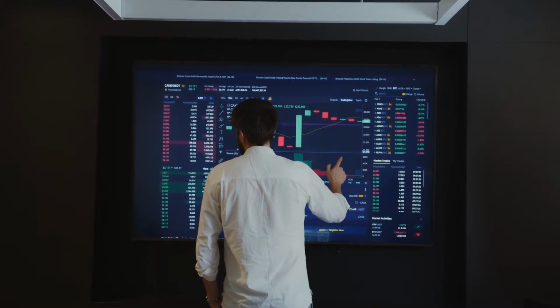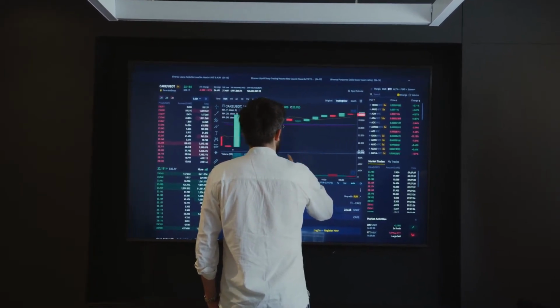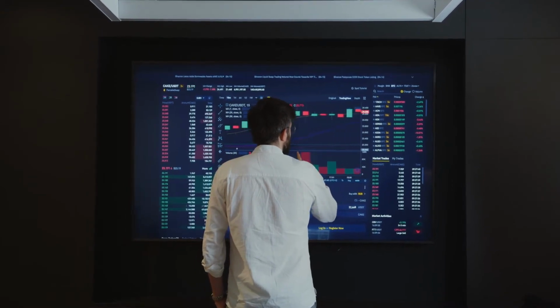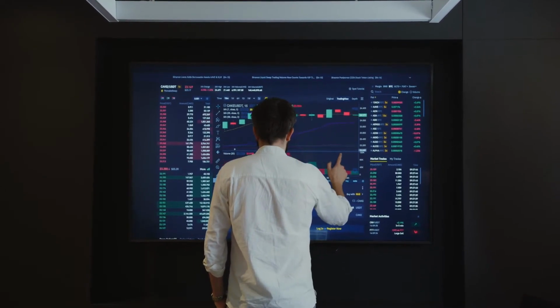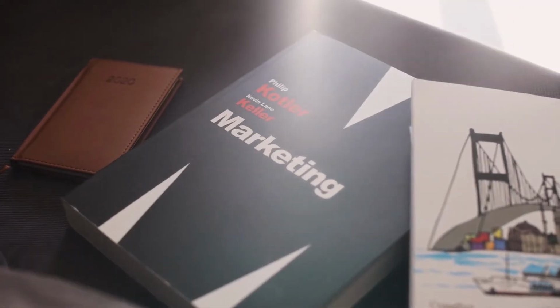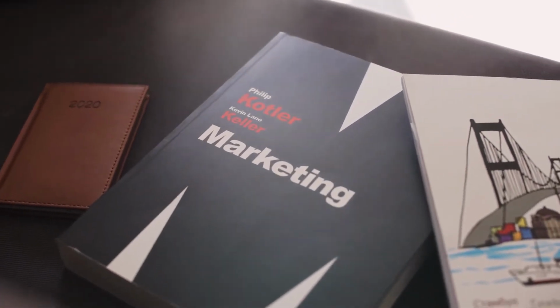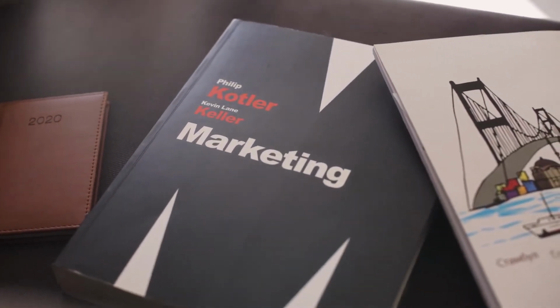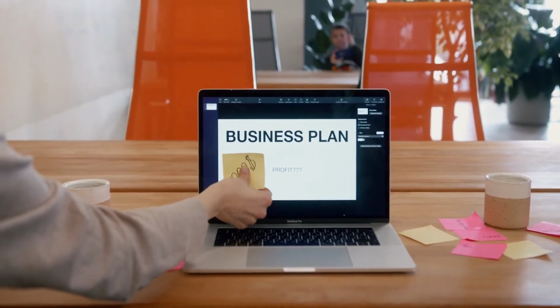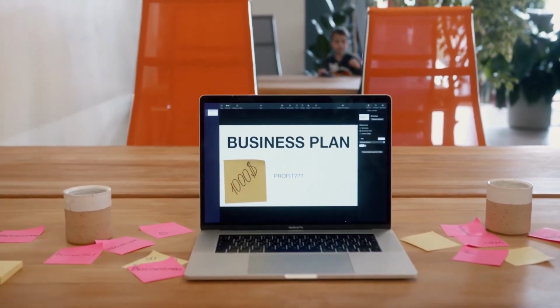One of the key concepts Kiyosaki introduces is the difference between assets and liabilities. Assets are things that put money in your pocket, such as rental properties, stocks that pay dividends, or a business that generates profits. Liabilities, on the other hand, are things that take money out of your pocket, such as a mortgage, car loan, or credit card debt.